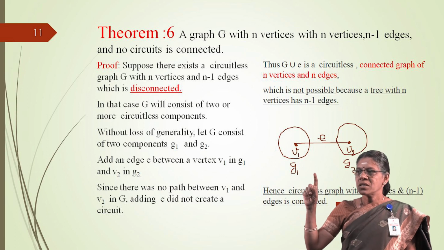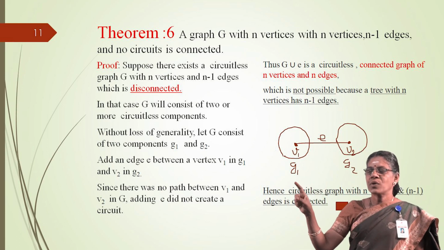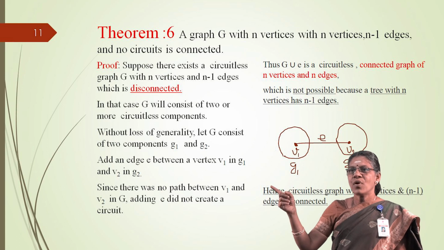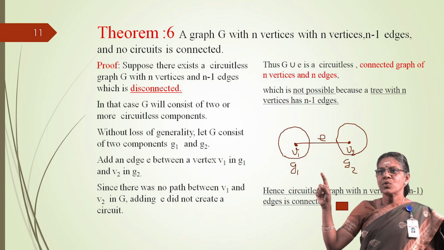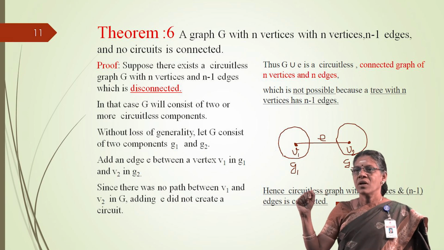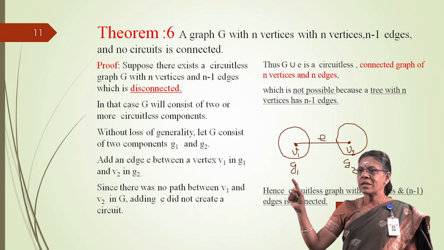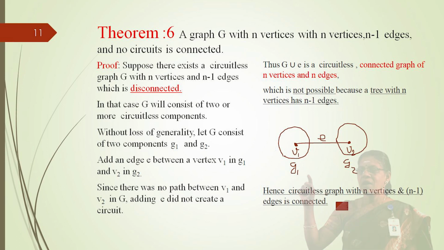So thus G union E is a circuitless, connected graph of n vertices with n edges. Is it possible? It is not possible. Why? A tree with n vertices has n minus 1 edges. Hence a circuitless graph with n vertices and n minus 1 edges must be connected.